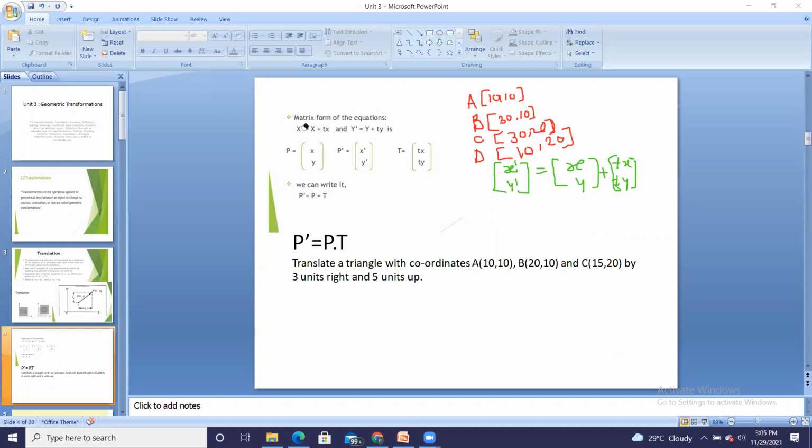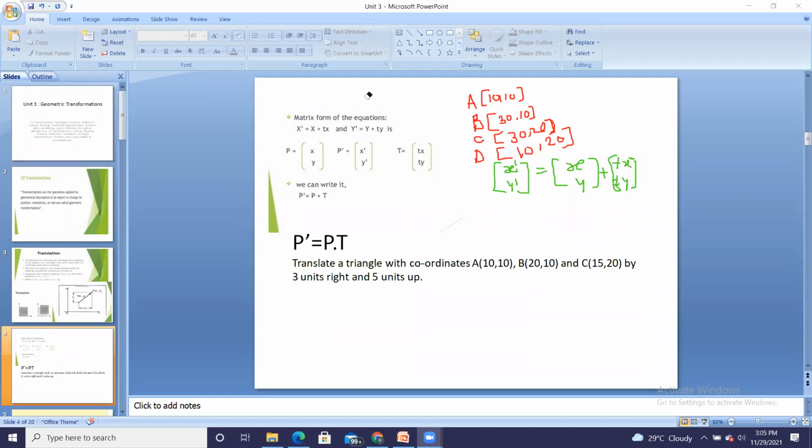Hello, ma'am. Yes. Why have you written P dash equal to P into T in the slide? Yeah, I will tell you afterwards. Just remember that I have written here P into T for some other reason. Because in case of multiple or combined types of transformation, you need to perform multiplications everywhere, not additions.